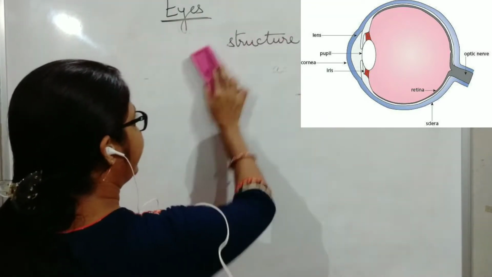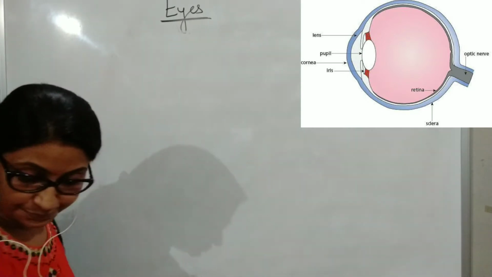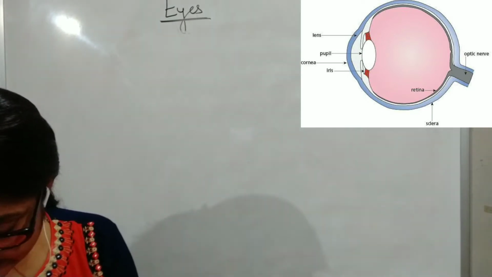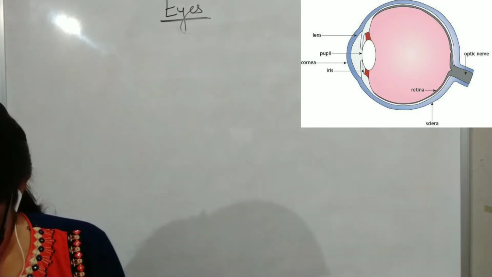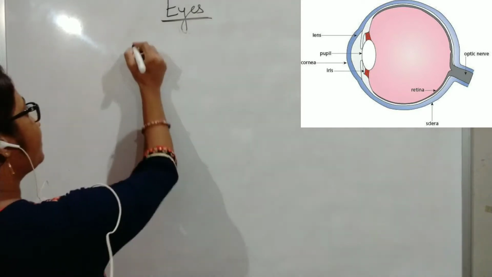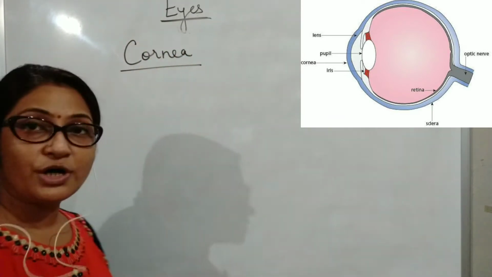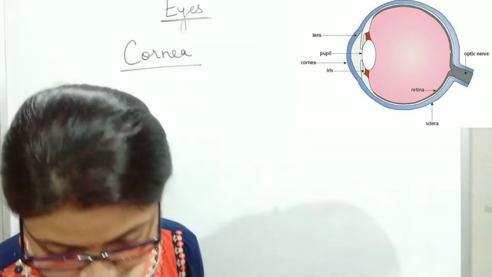So, beginning with the cornea first of all. Let us see what is actually the use of the cornea in a human eye. What is the use of a cornea?